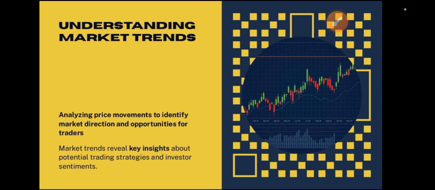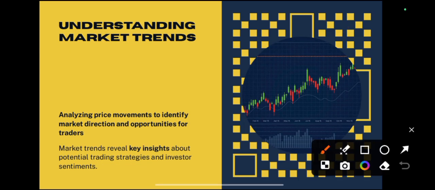So let's proceed. In our slide, we have understanding market trends. You need to understand whether the market is up or down, as we explained earlier, using the tool called the trend line. In the picture we have here, the market was in an up trend, going up.